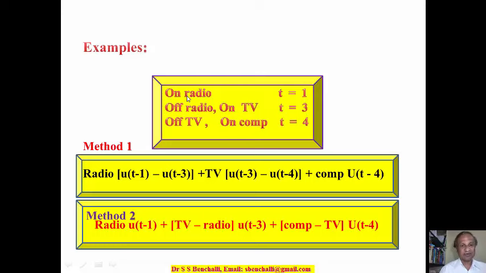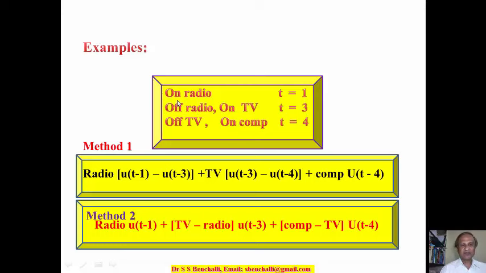And it is a national waste of electricity. For that reason, either I can use radio or television or computer. So I want to rewrite the same concept in a different form. How are we going to write it? Suppose the radio is on, I should turn off television and computer.